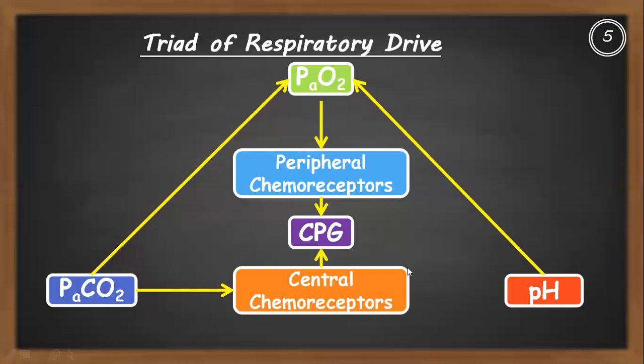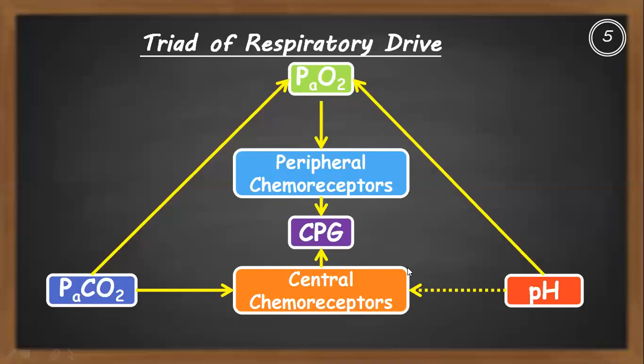However, arterial pH doesn't directly influence the central chemoreceptors immediately. Only if there is an excessive fall in pH shall we see an effect of pH on the central chemoreceptors. Rather, PaCO2 can directly affect the central chemoreceptors, and they are quite sensitive to carbon dioxide.